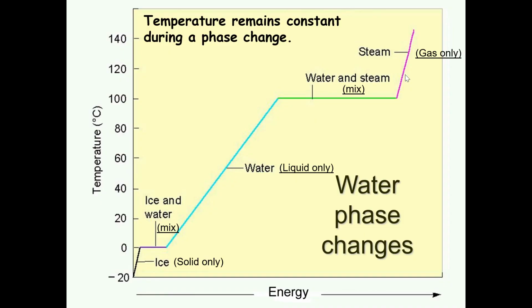Key point, during a phase change, the temperature of the mixture will not change. There's two plateaus. The melting plateau down here and the boiling or vaporization plateau up here. During that phase change, the temperature of the mixture stays the same.